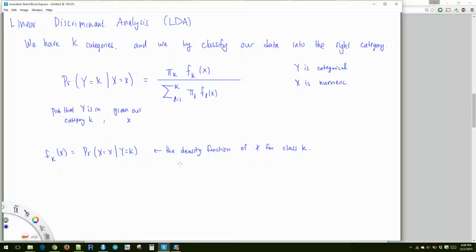So we are looking at the density function of x given a class K. Pi sub k is the prior probability that an observation is in the K class.